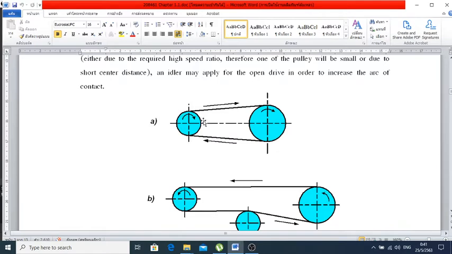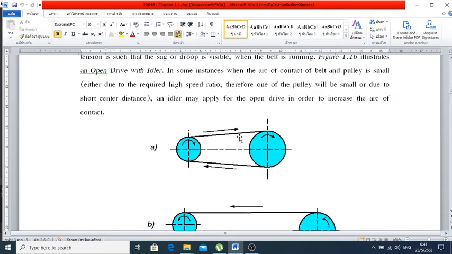This one rotates in a clockwise direction, so both of them rotate clockwise as well. In this case, the belt on the bottom is under tension, and the top part of the belt in motion becomes somewhat loose. So we call the lower part the tight side, and the loose side is on the upper side.